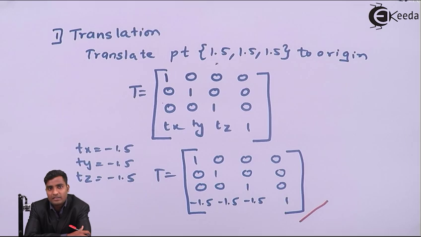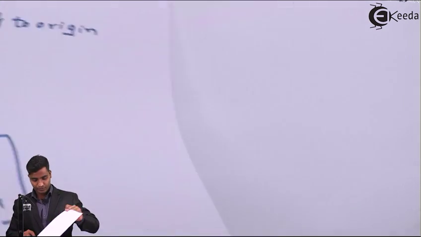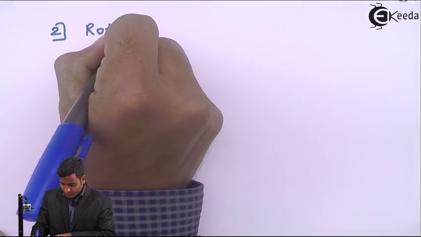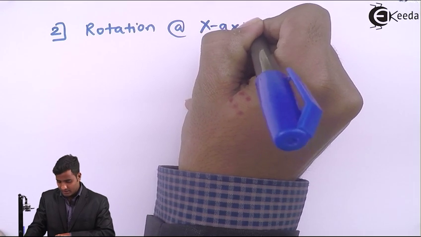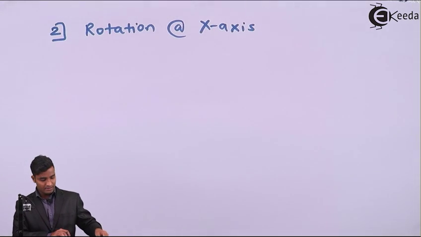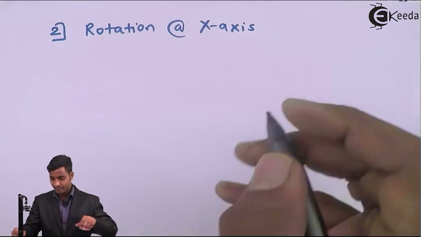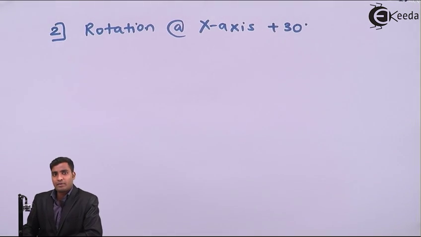The second transformation we are doing here is rotation about the x-axis, the angle is 30 degrees, positive 30 degrees. So the second transformation we have to do is rotation about the x-axis by positive 30 degrees.